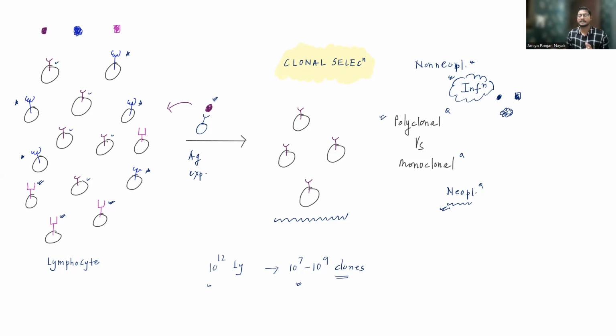But if the markers are not identifying a particular clone, we call it polyclonal lymphocytosis, and that is usually found in non-neoplastic conditions. Because they have different types of antigen receptors, we can use markers to identify different clones of lymphocytes. So this is the concept of lymphocyte diversity, clonal selection, and polyclonal versus monoclonal lymphocytosis.